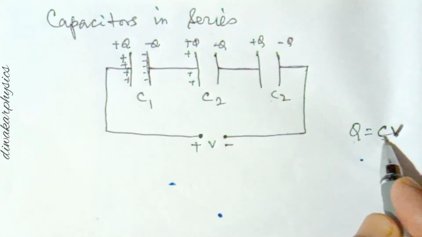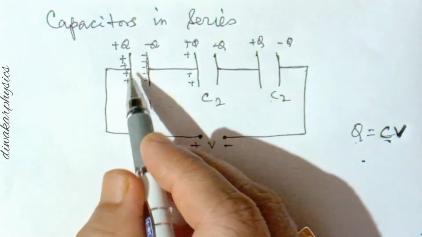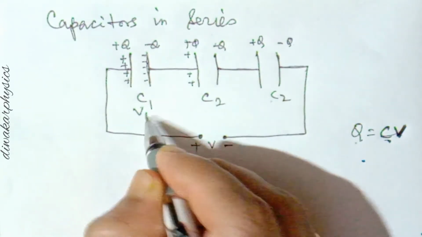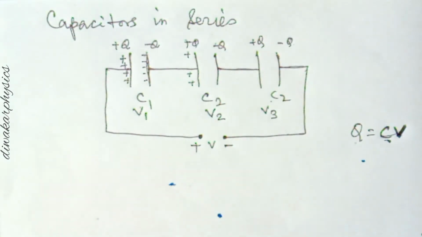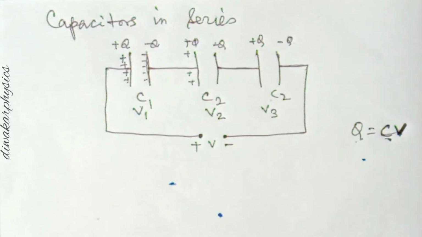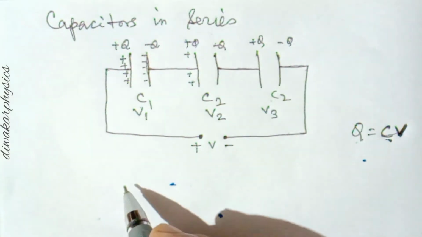That means the potential difference will be V1 here, V2 here, and V3 here. One more point to remember: in series, the potential difference is different in each capacitor.